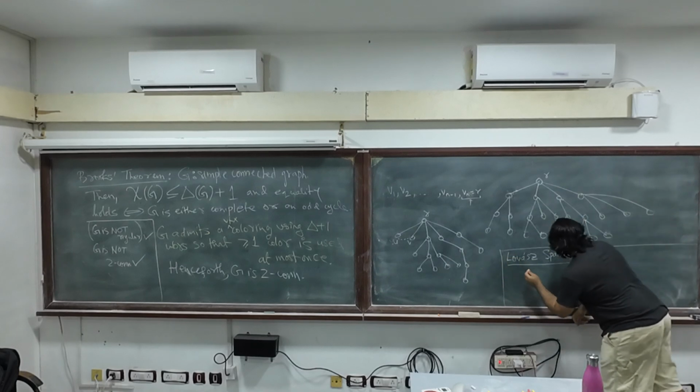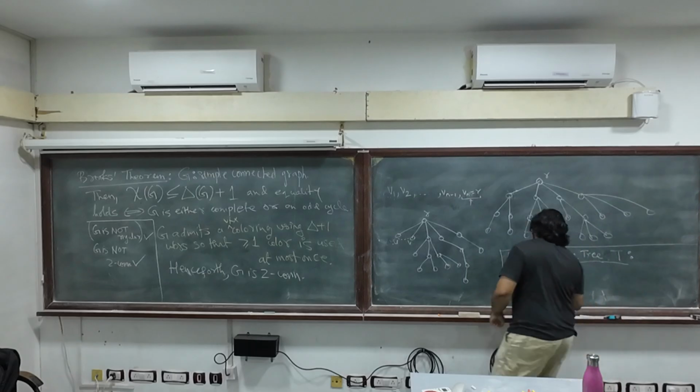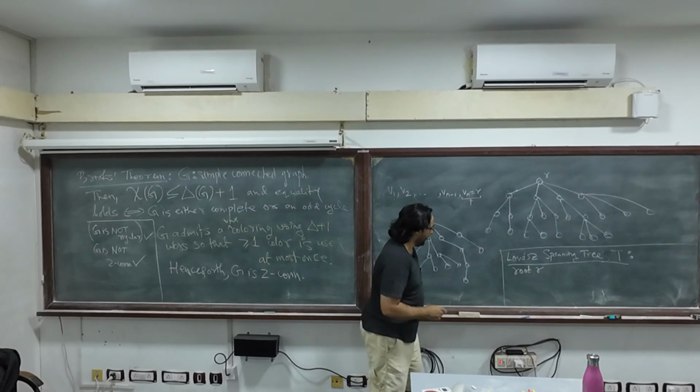So, what is a Lovász spanning tree? T. It has a root R. It's a rooted spanning tree.